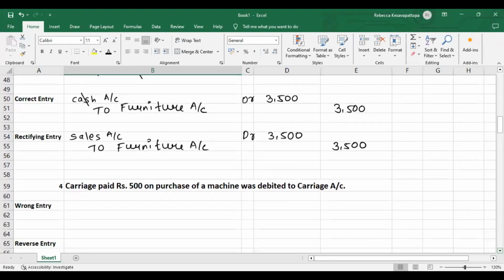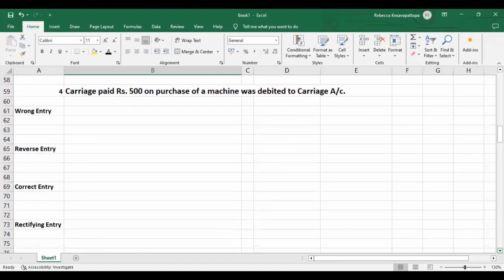Next we will see: cash paid rupees 500 on purchase of a machine was debited to carriage account. Carriage of 500 was paid for the purchase of machinery, but by mistake it was debited to the carriage account. It should have been capitalized in the machinery. What is the wrong entry?